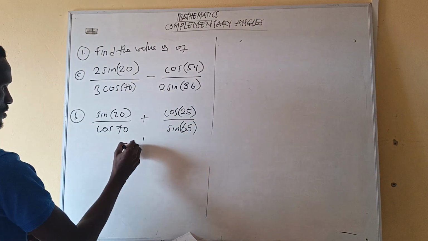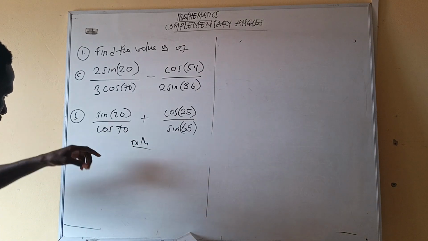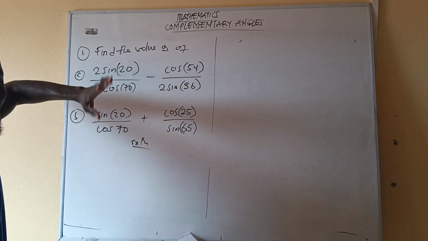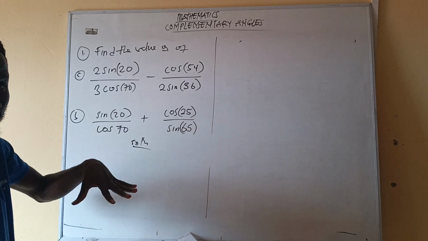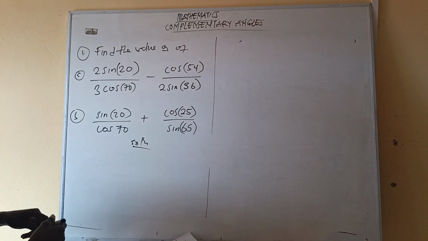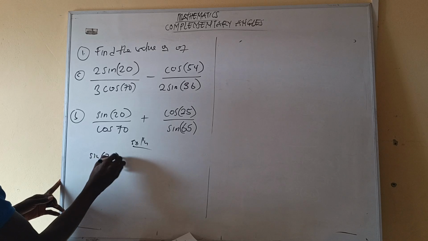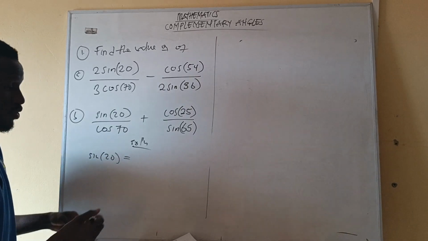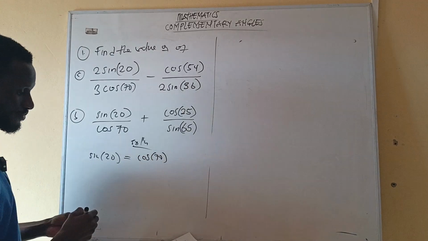Now solution. With this one, I can convert the sine 20 to cosine, or I can convert the cosine 70 to sine, right? Okay. You can even go straight away. Let me say sine 20 is equal to, converting this one to cos, cos 70, right? Why cos 70?